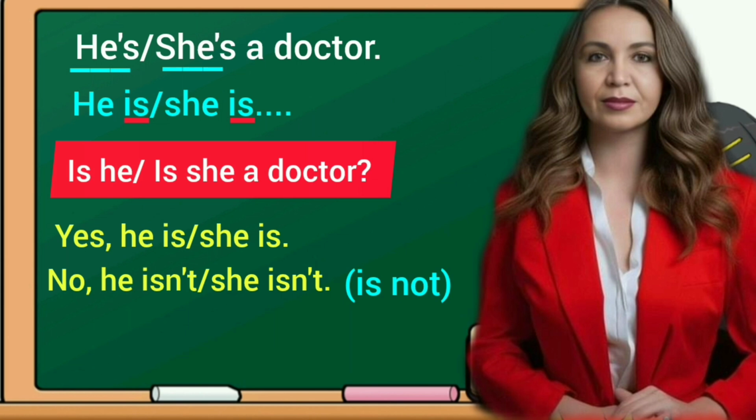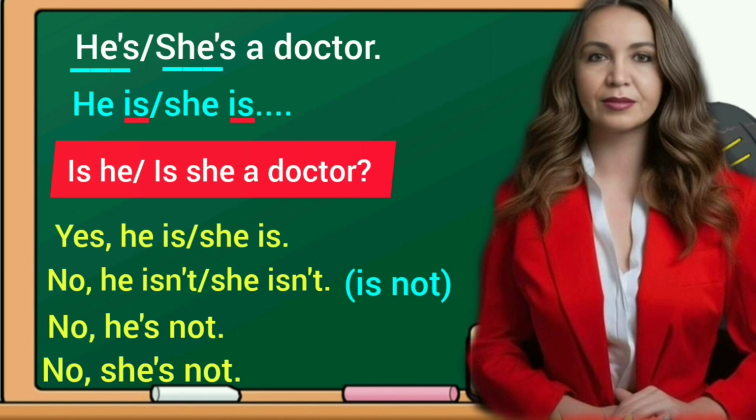He isn't, she isn't means he is not, she is not. Another answer you can give is no, he is not. No, she is not. And this is the uncontracted form of he isn't and she isn't.